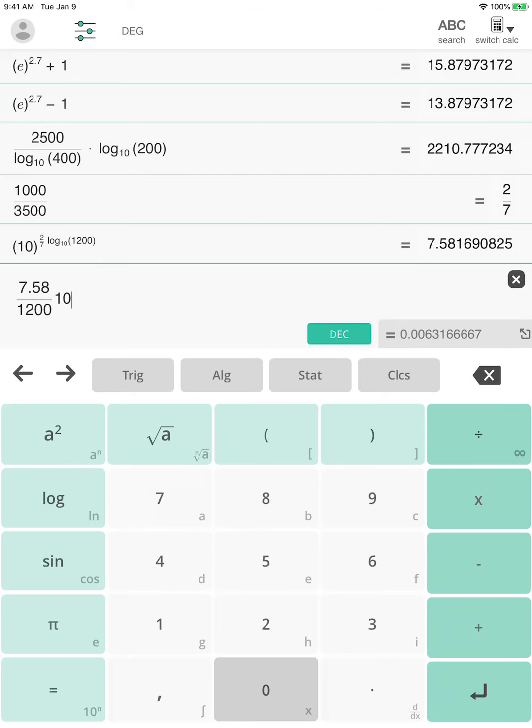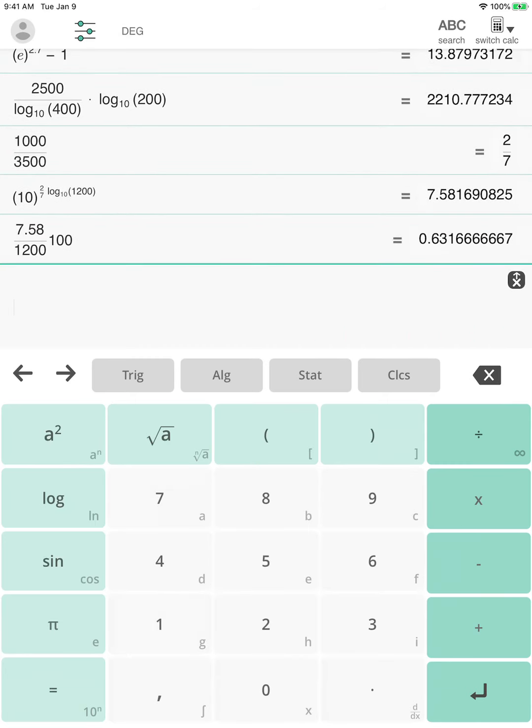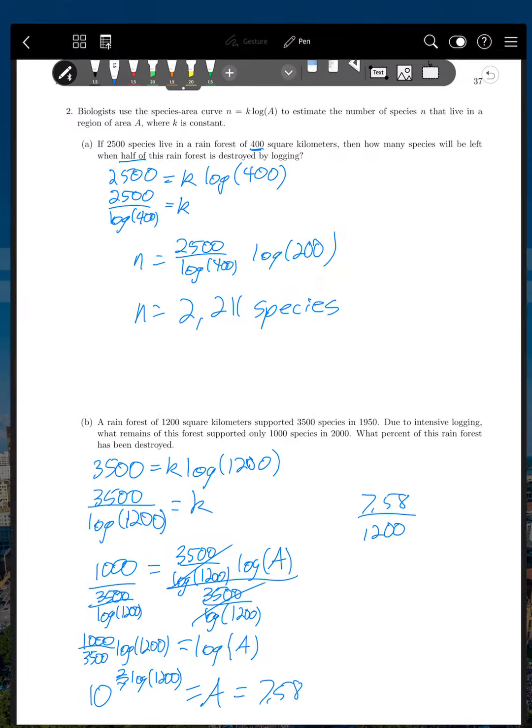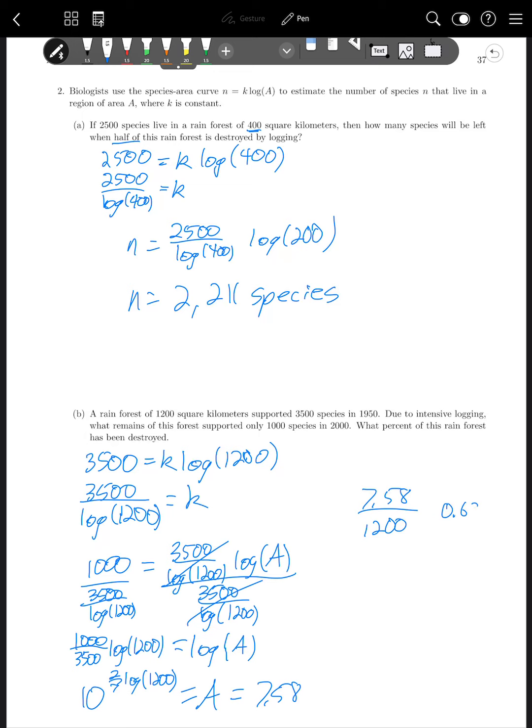And then I'll change it into a percent. And so you get 0.631 or 0.632 is what's left. So 0.632 is how much of the rainforest is left percent. So that means 99.368% has been destroyed of this rainforest.